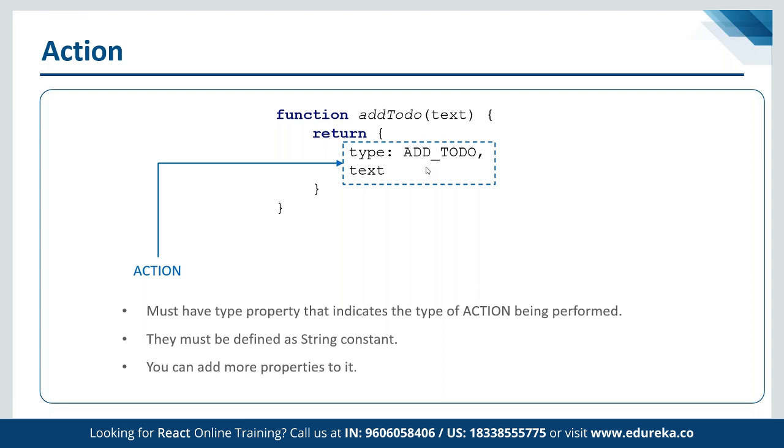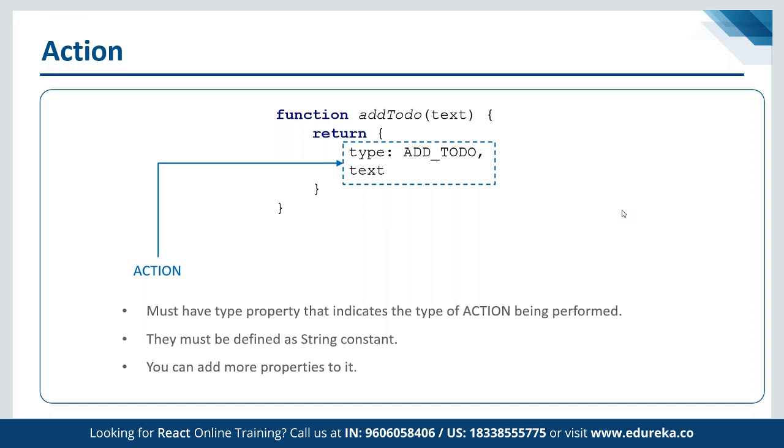And to call this action anywhere in the application, we can simply use the dispatch function, where we define dispatch, and then we can define addTodo(text) as a part of the dispatch method.